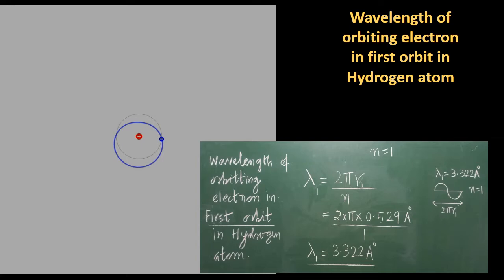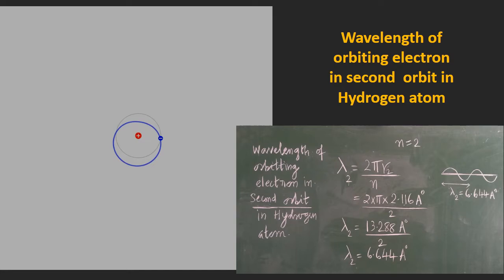Okay. Now I am going to switch over to the next orbit. The orbiting electron is to be moved from the first orbit to the second orbit. Look here. I am slowly moving the electron from the first orbit to the second orbit.